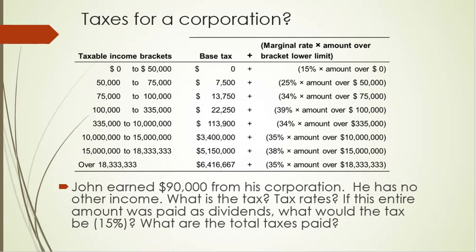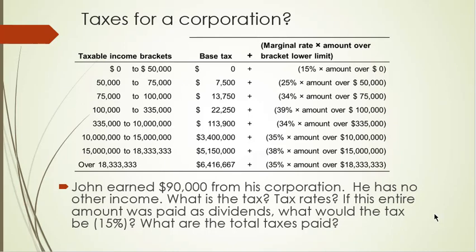So his after-tax rate, or his average tax rate would be that $13,500 plus the $18,850 that was paid by the corporation. Divide that by 90,000, and now his average tax rate is 36%.